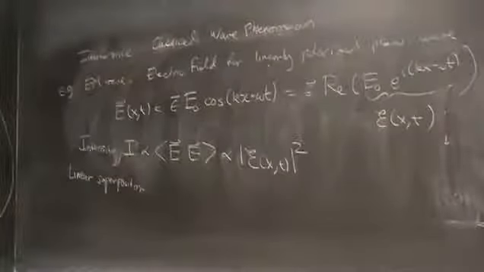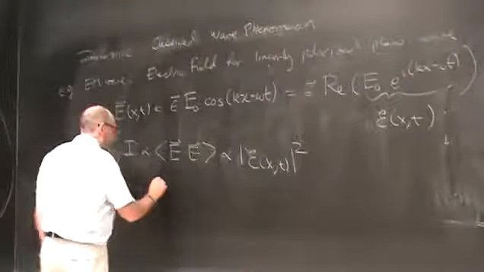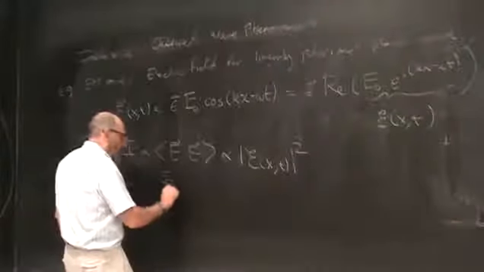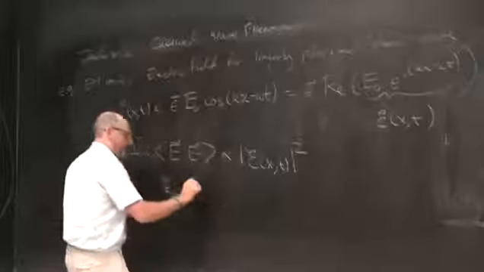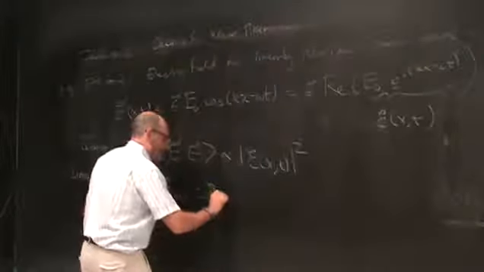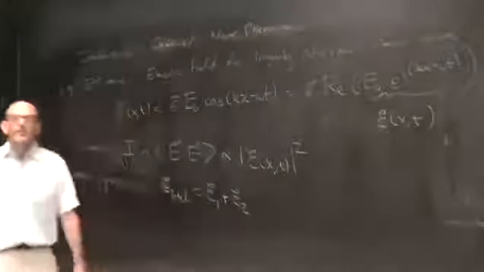It is the sum of the amplitudes, the sum of the fields. So if I have that situation, my E total is the sum of the two fields.